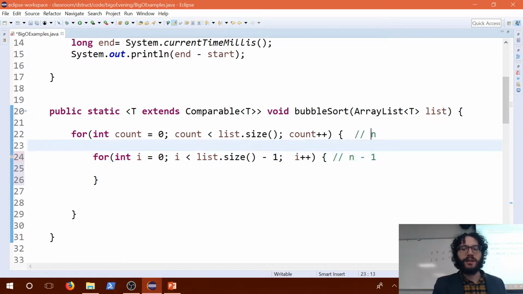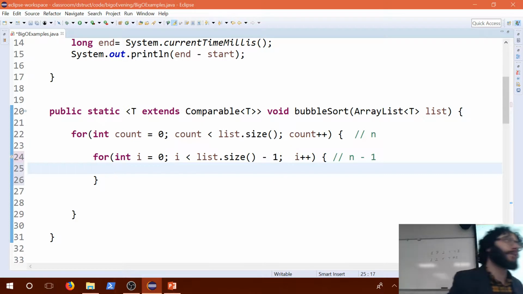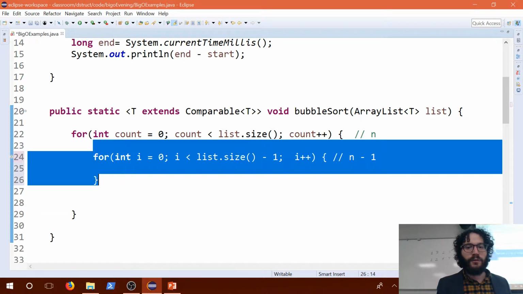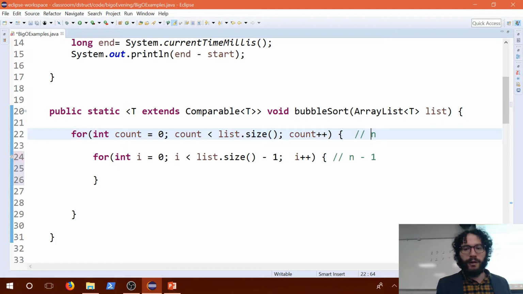This outer loop runs n times, this inner loop runs n minus 1 times. This means that for each time the outer loop runs, this inner loop is going to run n minus 1 times. So it will run for a grand total of n times n minus 1 times, right? So n times n minus 1, that's n squared minus n.